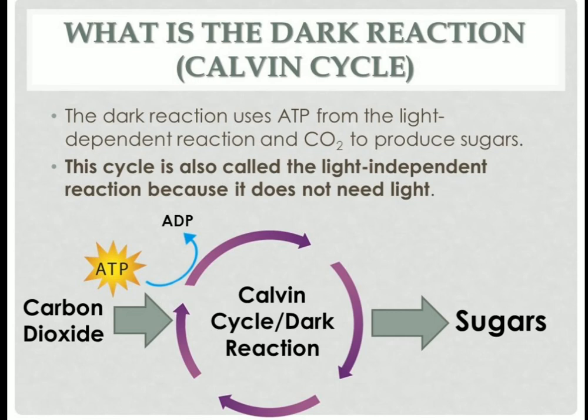Scientists also tried to know whether all plants have PGA, phosphoglyceric acid, as the first product of carbon dioxide fixation, or whether any other product was formed in other plants.